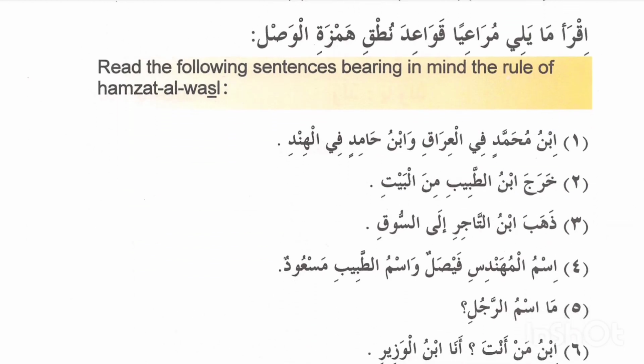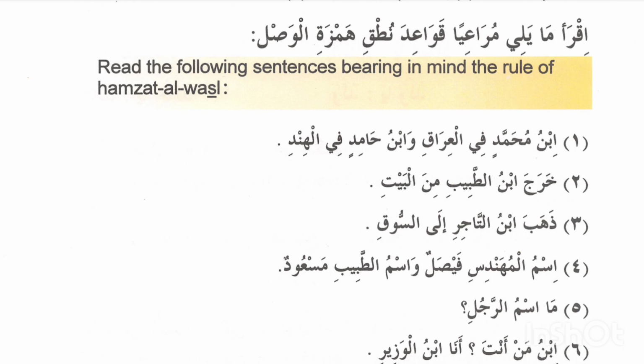اقرأ ما يلي مراعيا قواعد نطق همزة الوصل. Read the following sentences bearing in mind the rule of Hamzatul Wasl. Ibn Muhammadin fil Iraq. Muhammad's son is in Iraq. Wabnu Hamidin fil Hind, and Hamid's son is in India.